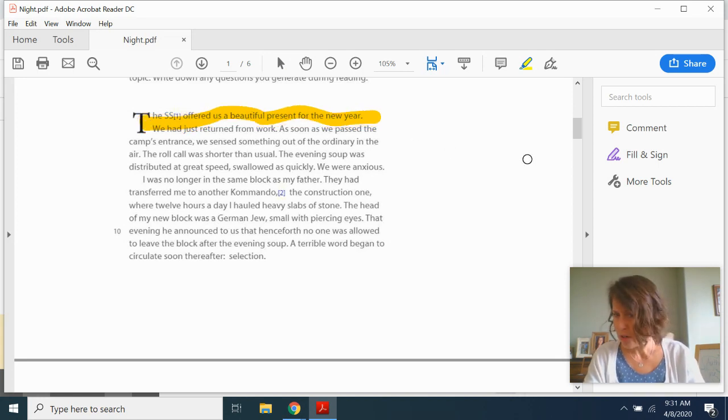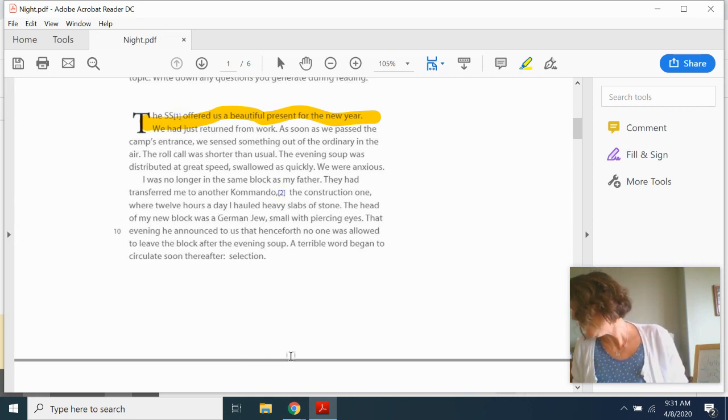When we think of a concentration camp, or something as devastating as World War II, we wouldn't often be referring to anything at that time as a beautiful present. These words are what we call verbal irony, because he's saying something really positive here. But in actuality, he's referencing that they're facing a selection. Somebody is going to die.